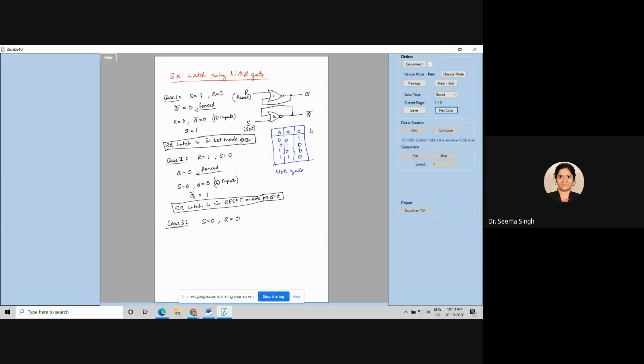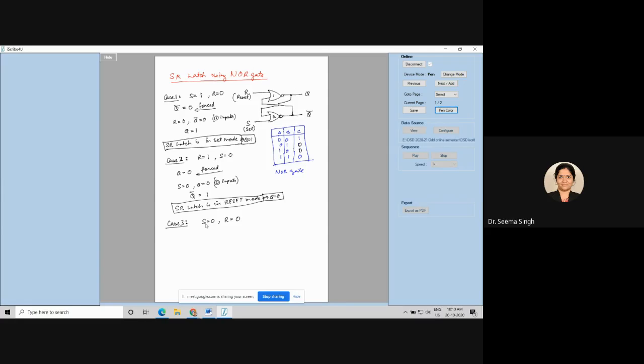Why do we have to see? Because you know that in case 1, when S was 1, it was not bothering about the other one. In case 2, when R was 1, it was not bothering about the other input. But here, when inputs are 0 0, it needs to bother about the other input to give me the output of these NOR gates.